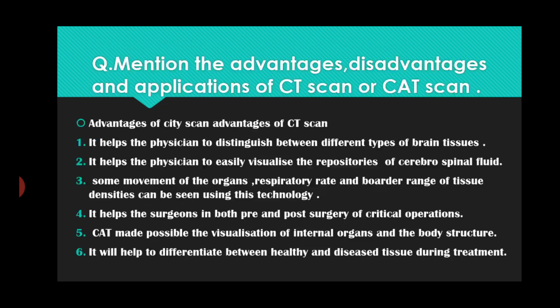Movement of the organs, respiratory rate, and a broad range of tissue densities can be seen using this technology. It helps the surgeons in both pre and post surgery of critical operations. CAT made possible the visualization of internal organs and body structure. It will help to differentiate between healthy and diseased tissues during treatment.